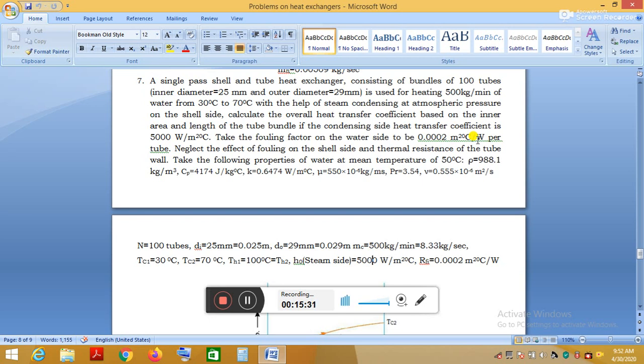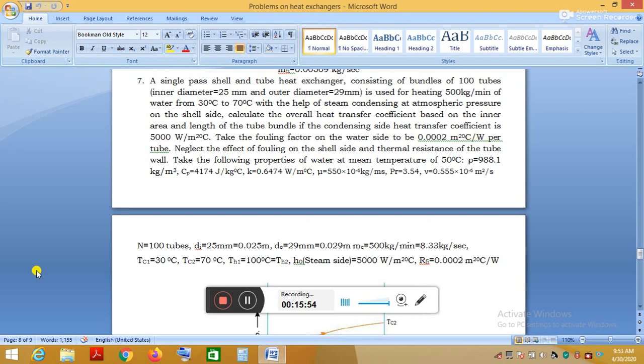What is the fouling factor? It is the resistance offered by the impure particles which are present in the water. When they adhere to the inner surfaces of the tubes, they offer resistance to the flow of heat, and that resistance is called the fouling factor.